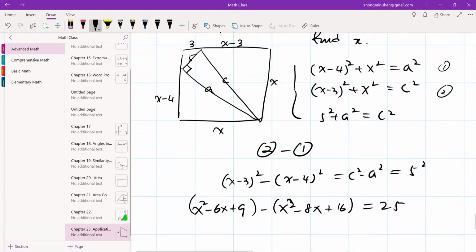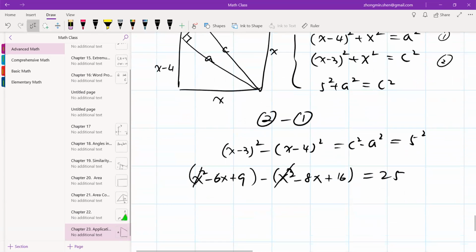So x squared is gone. You have 2x minus 9 plus 9 minus 6 minus 16 equals 25. Okay, let's get x. So that is going to be actually 25 minus 9 plus 16.